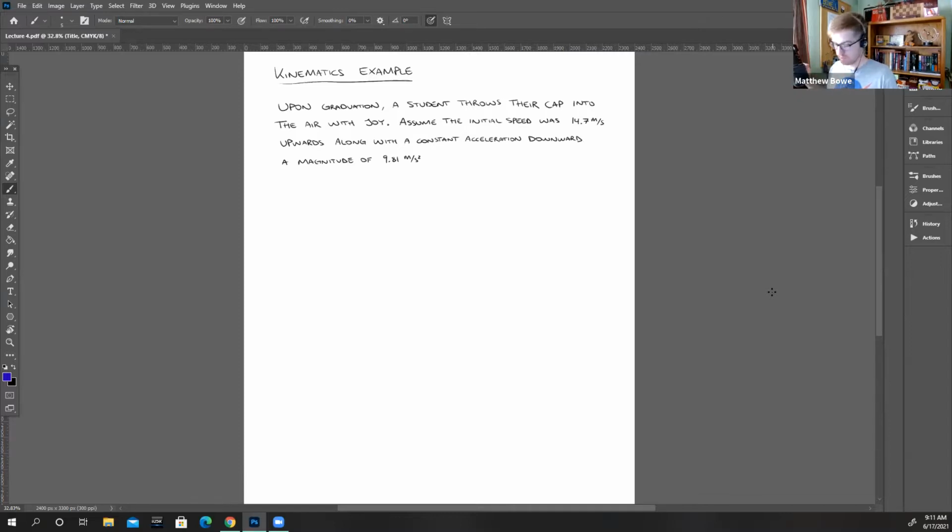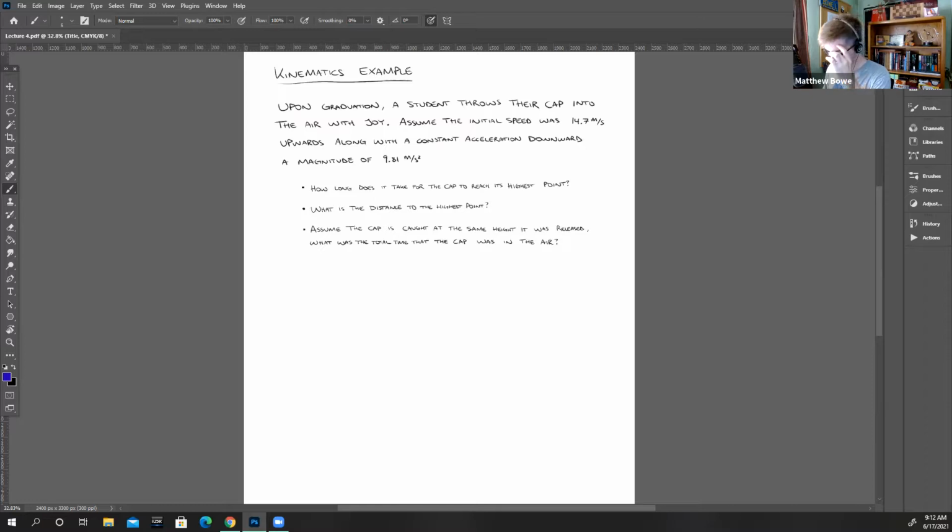We also know that there is an acceleration from gravity that is pointed downward, and that acceleration is 9.81 meters per second squared. So in this question, what we're looking for is how long does it take for the cap to reach its highest point?